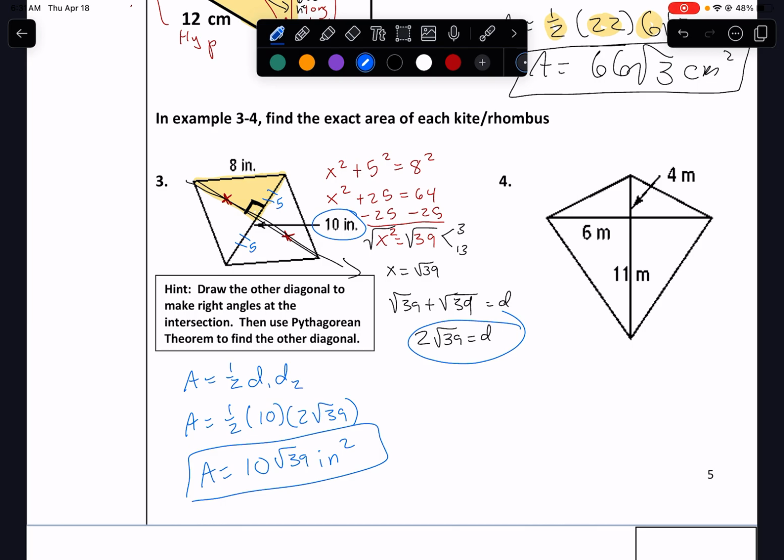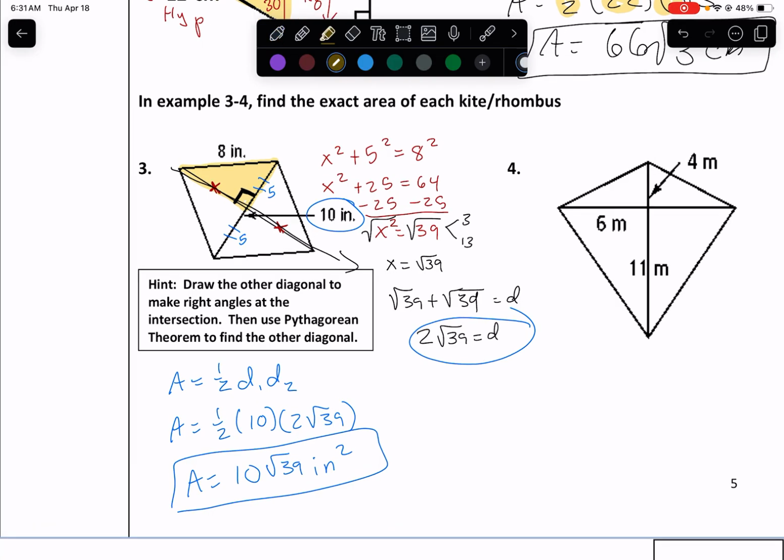So last one, number 4. We're given that this chunk right here is 4, and this chunk right here is 11. Using those together, I can get that this diagonal is 11 plus 4, which is 15. I then remember that my shorter diagonal is bisected, so if this is 6, then this is 6, making this diagonal 6 plus 6, which is 12.